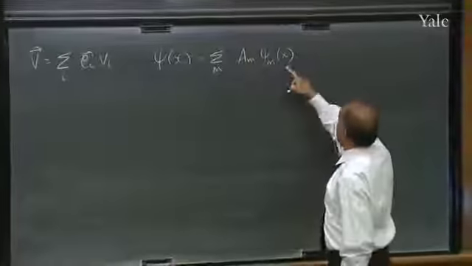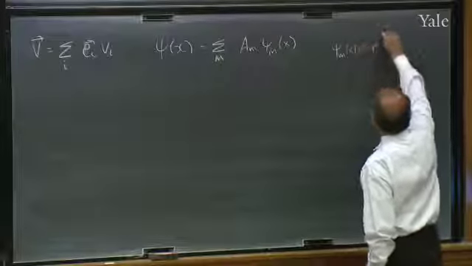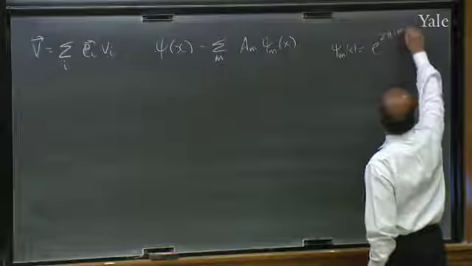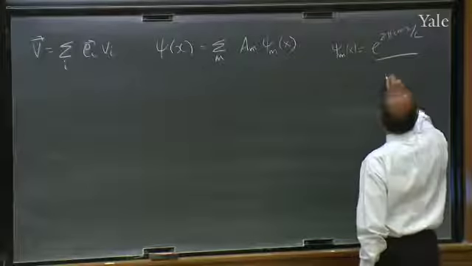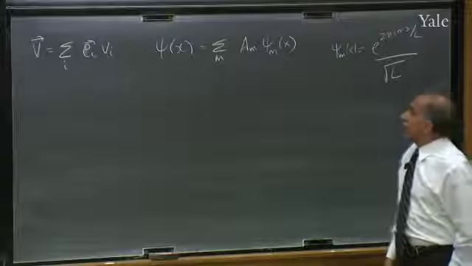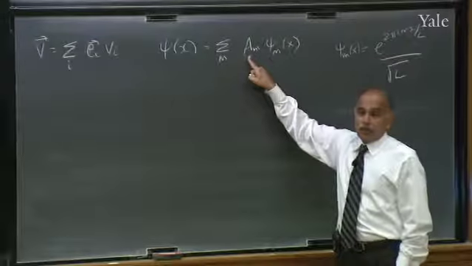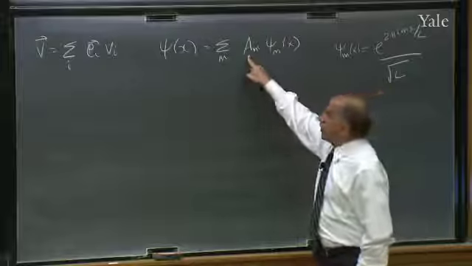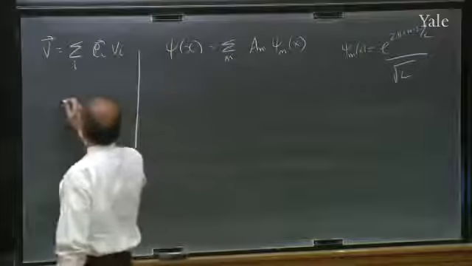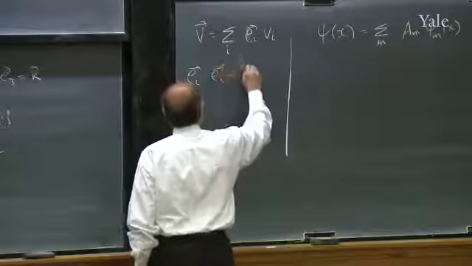You understand that psi sub m is a particular function, which I don't want to write every time, but if you insist, it is e to the 2 pi i m x over L divided by square root of L. So I'm trying to find this guy. How much is it? That's the question. Now, here we had a nice rule. The rule says e_i dot e_j is delta_ij.